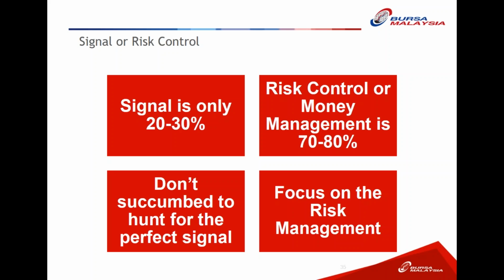But is the signal what you should look for? Not necessarily. To me, honestly, my opinion is that the signal only helps you probably 20-30% of the time in trading successfully, but the risk control or the money management part comprises at least 70-80% of your success in every single trade.